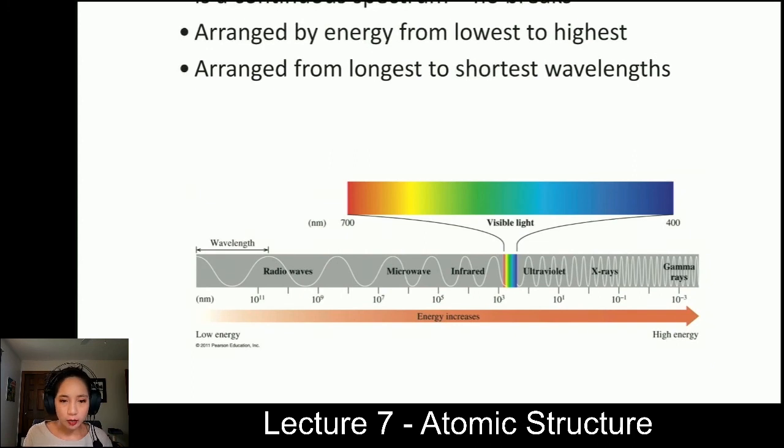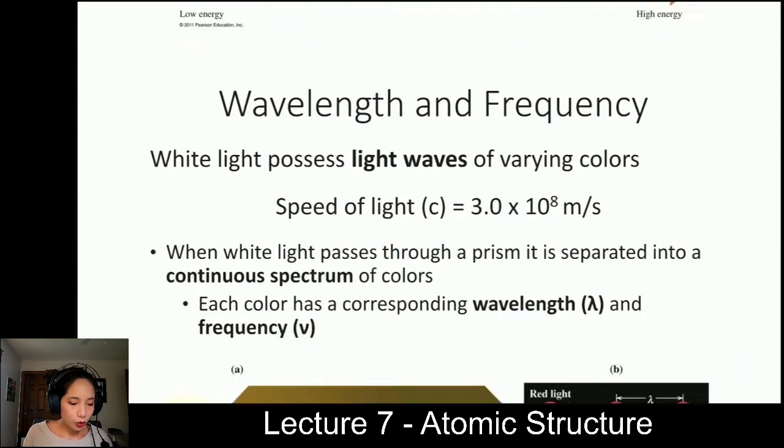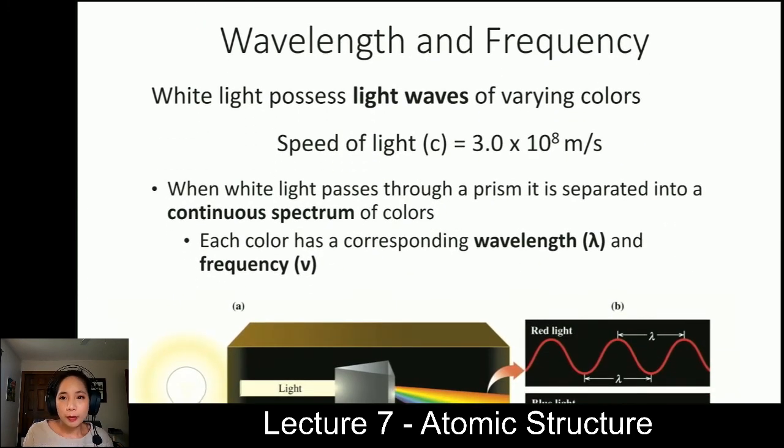All right, so we've been talking about energy and wavelengths, so what does all this mean? Remember when I said that light and electromagnetic radiation is just a wave. It's a light wave. And those waves are what define the colors that we see in the white light in our rooms or whatever we're looking at.